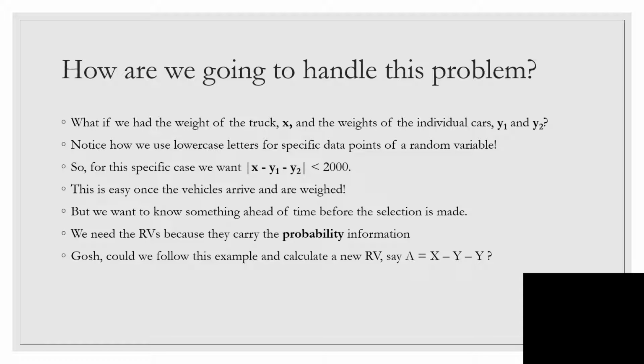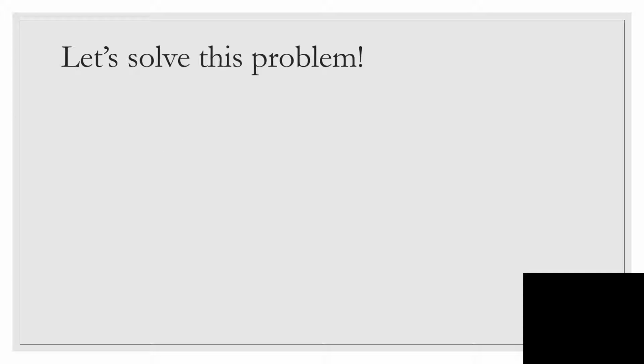That would be a random variable that would be very useful. But what does this mean? Well, note that this is not the same as X minus 2Y, and you probably find that very confusing. I will be glad to address that in the doctoral dialogue.